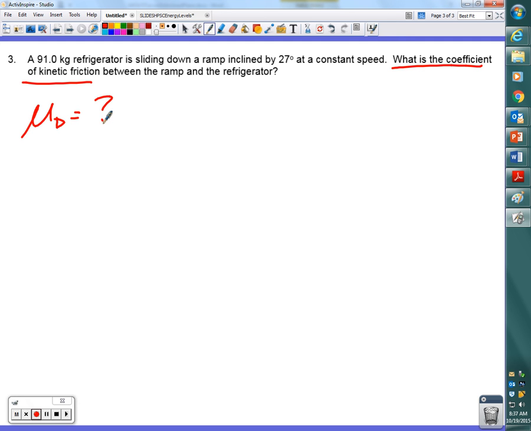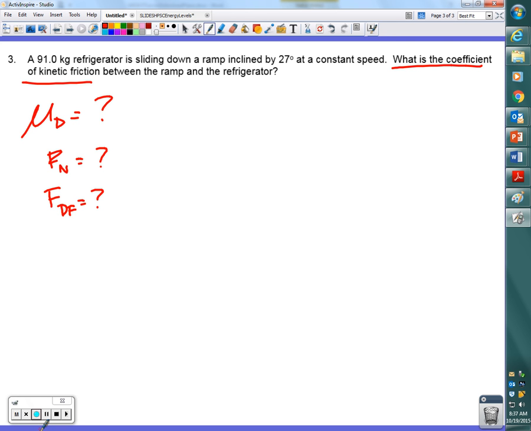We talked about that in order to figure out the coefficient of friction, we need to know 2 things, right? What do we need to know? Not the net force. The normal force. And we need to know the force of dynamic friction, right?